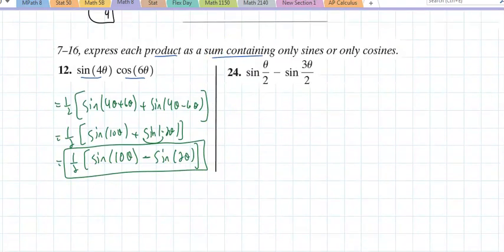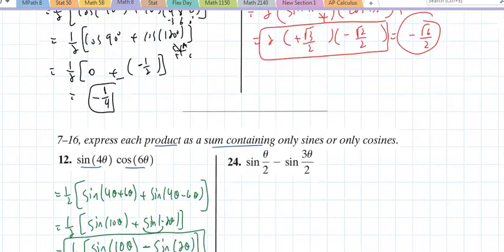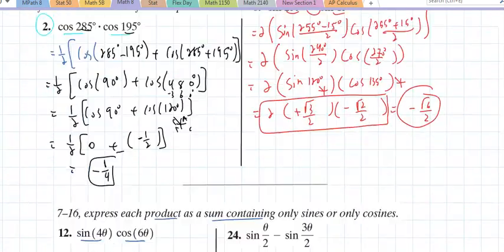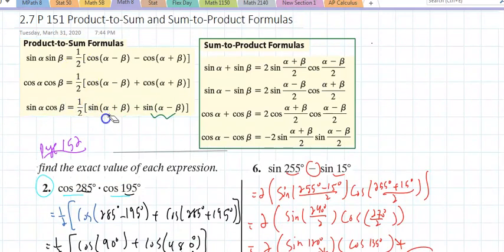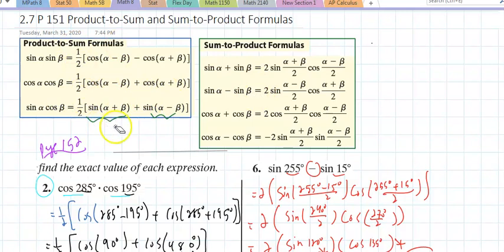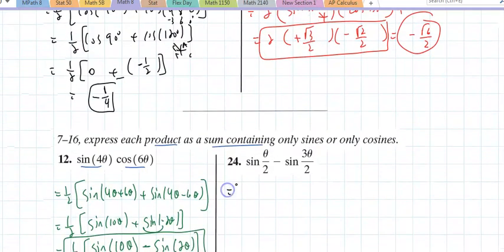And if I look at the last problem I'm going to do, number 24, it has a sine minus a sine. Oops. A sine minus a sine would be right there. So that is twice the sine of the difference divided by 2, cosine of the sum divided by 2.